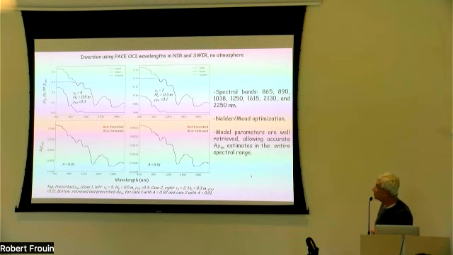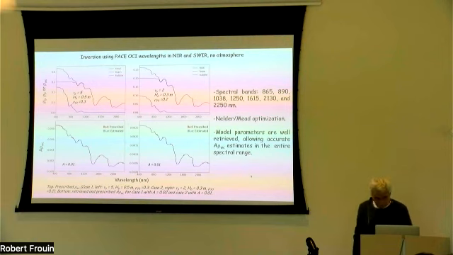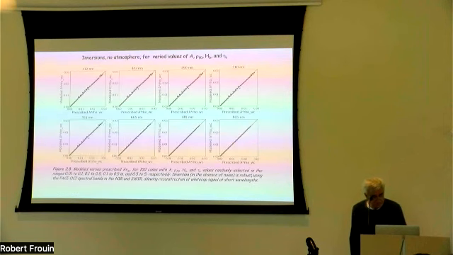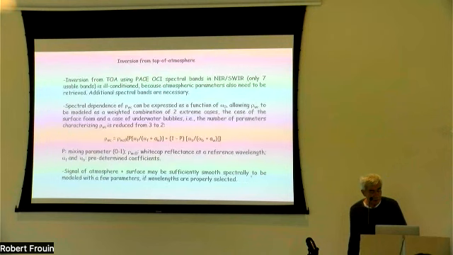So unfortunately, doing this from a mission using the OCI is kind of a difficult problem. You would need more wavelengths, but it would be possible, I think, if we have more wavelengths. But this is just an example showing the four different configurations, so you can get a really good inversion.